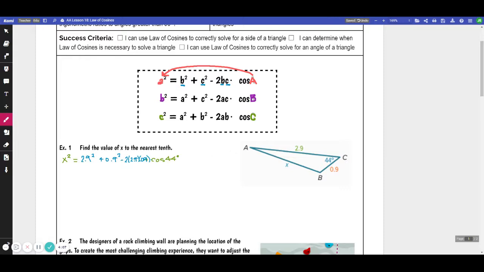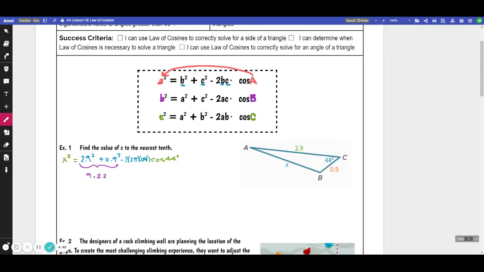So, okay, listen. People are going to mess this up every single year. In your calculator right now, do that part. Get a number. Okay, I got 9.22. In your calculator right now, all of this stuff is multiplied together.